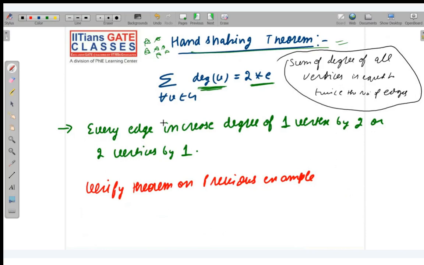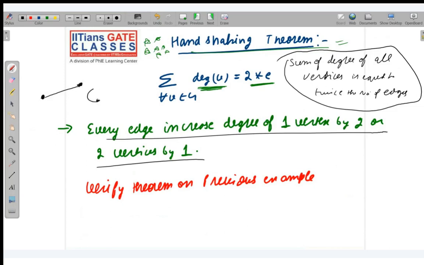So what is the proof? The proof is very simple. Every edge increases the degree of two vertices by 1, or of one vertex by 2. If we have drawn an edge, it increases the degree of this vertex by 1 and this vertex by 1. A self loop increases the degree of one vertex by 2.